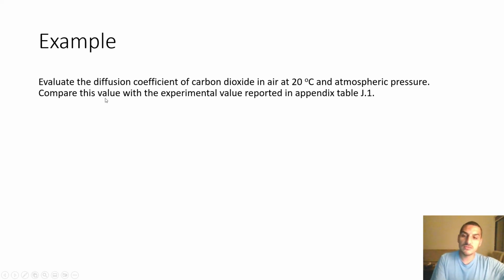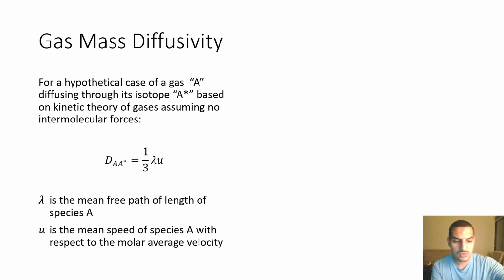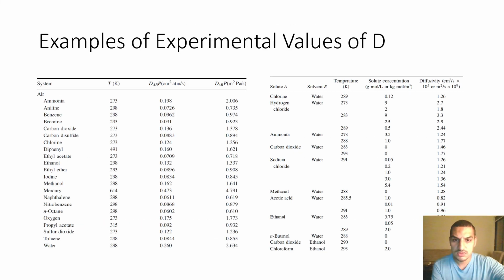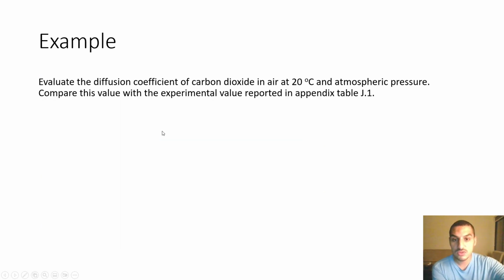And we need to compare the values that we get with the experimental values that are available in the appendix, which we have already checked before. So we had tables where we have the system, air, ammonia, and here is air and carbon dioxide. So it should be this value here, and I want to compare what I have here with what I get from this equation.